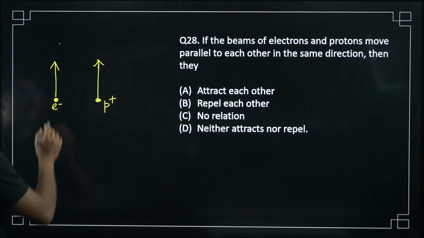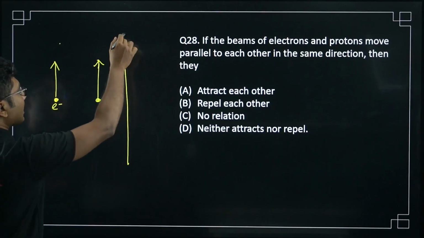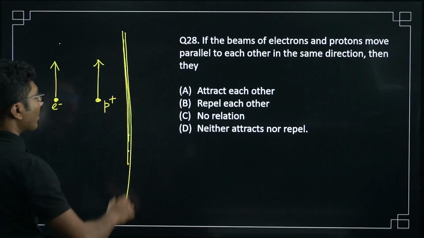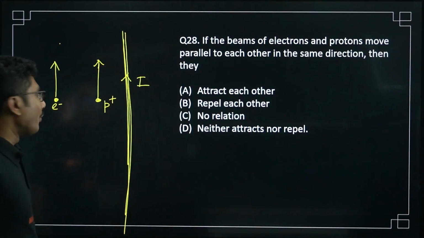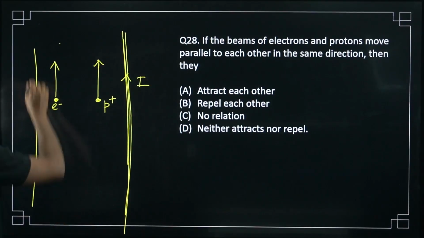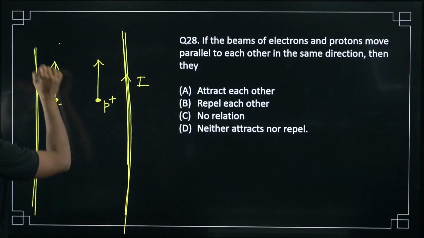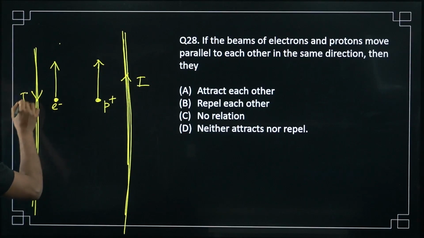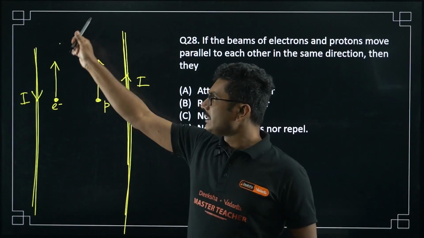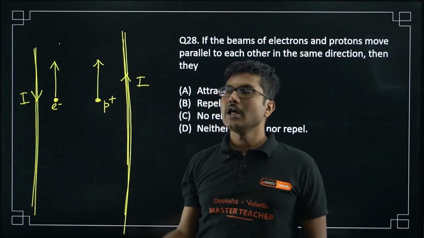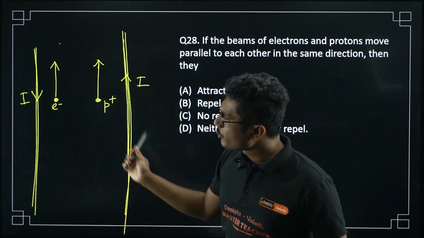If both of them are going in the same direction, the proton can be considered an infinitely long wire carrying current in that direction. The electron can also be considered an infinitely long current carrying wire, but the current will be in the opposite direction to the motion of the electron. So the equivalent currents due to these two charges will be opposite to each other.